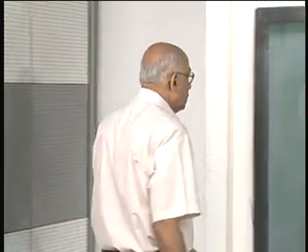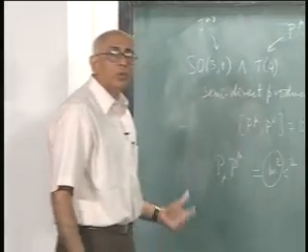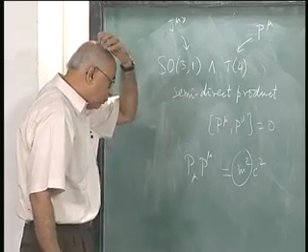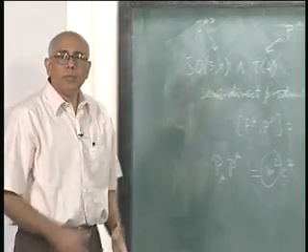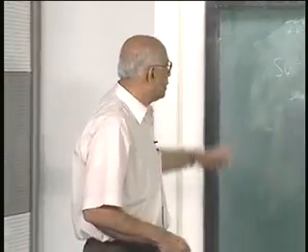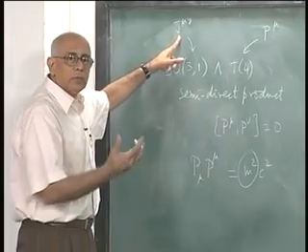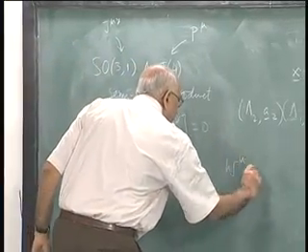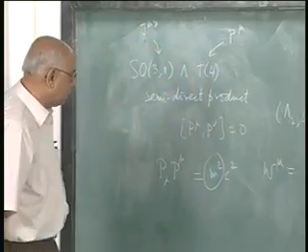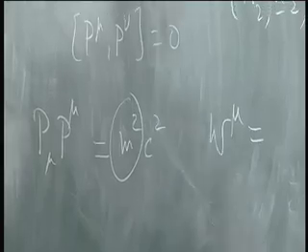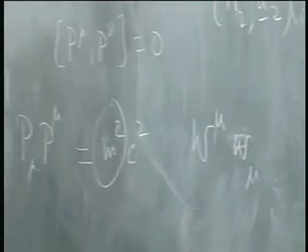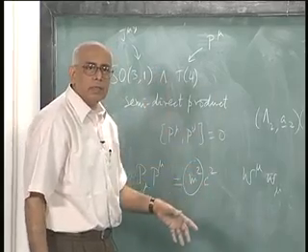The other Casimir is more complicated to write down. You have to introduce a combination of j's and p's, and there is a vector quantity called w, called the Pauli-Lubanski operator, this w mu, which involves the j's, which involves the p's and so on.